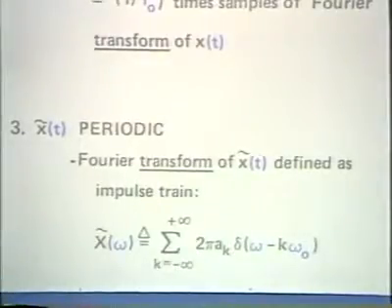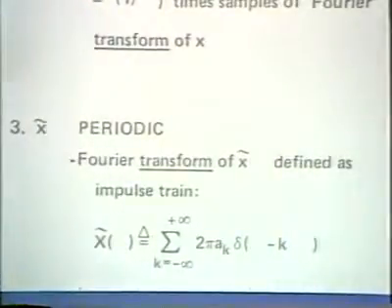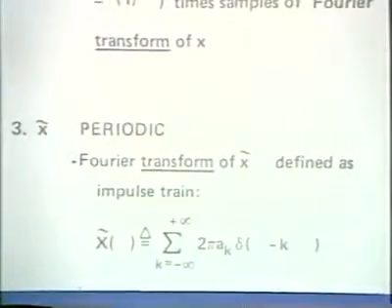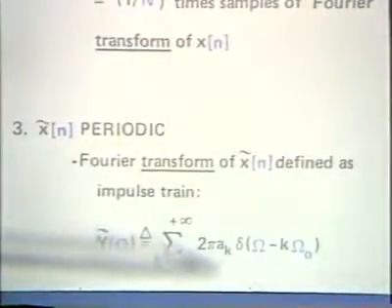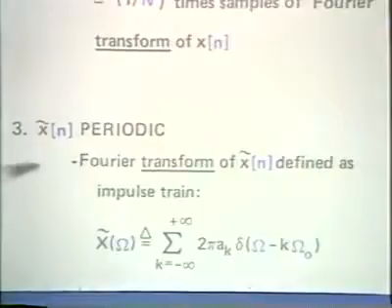And again, in discrete time, it's simply a matter of using exactly the same expression and using instead the appropriate variables related to discrete time rather than the variables related to continuous time.